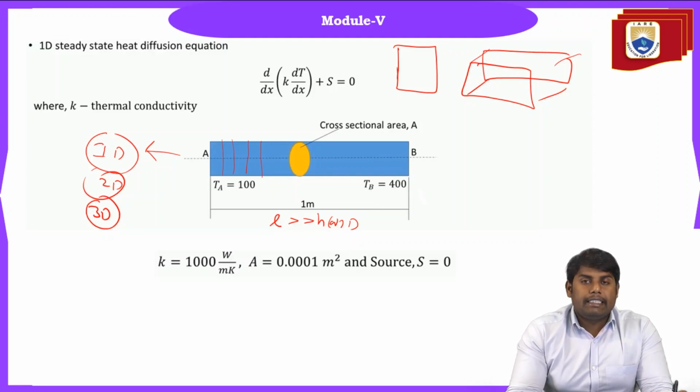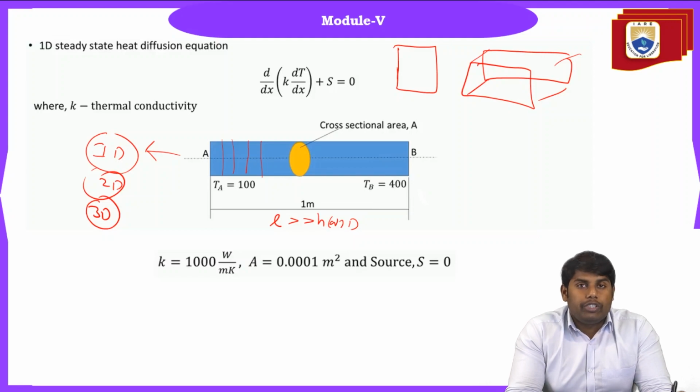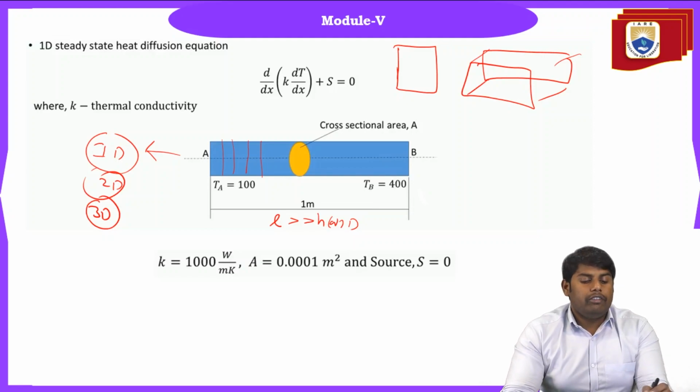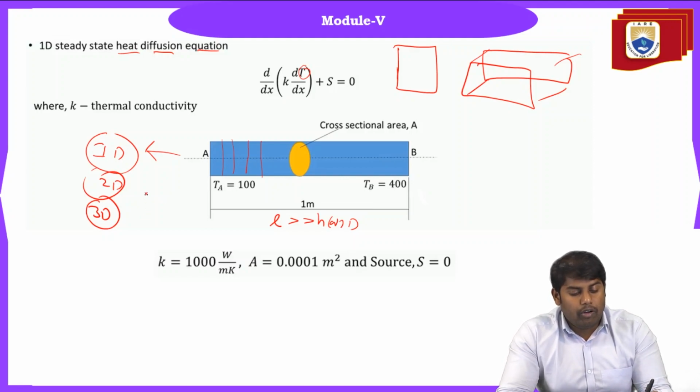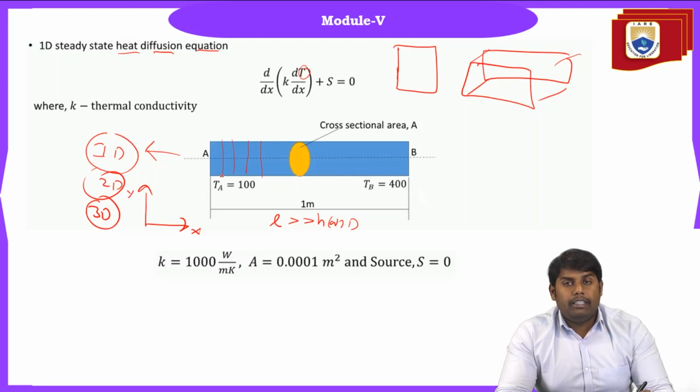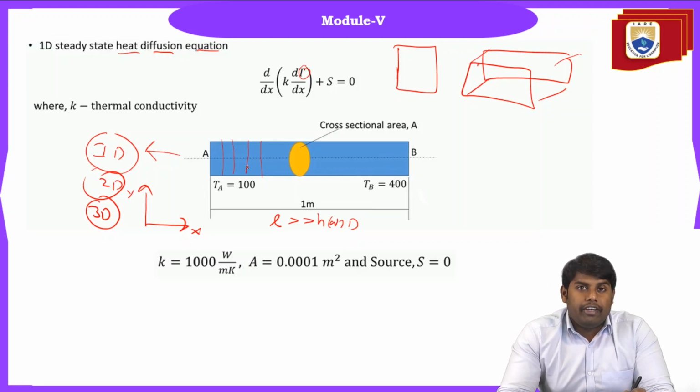So when we take this 1D element, for the current problem, we are estimating the heat diffusion. So what do you mean by heat diffusion actually? We have the heat diffusion equation. The temperature is varying with respect to the x direction. So when we draw the coordinate axis, this is the x axis, this is the y axis. Along the x axis, the temperature varies with respect to space. Fine.